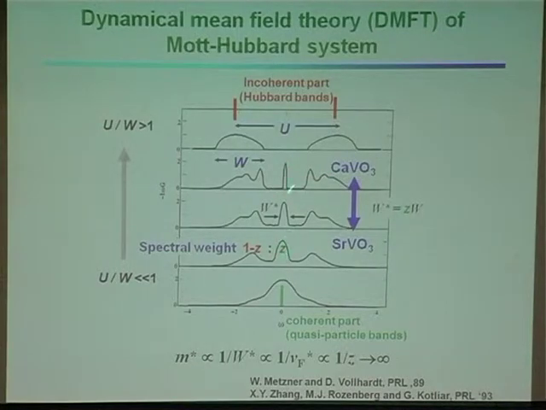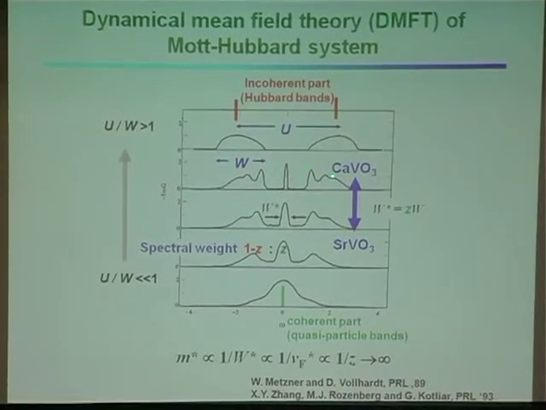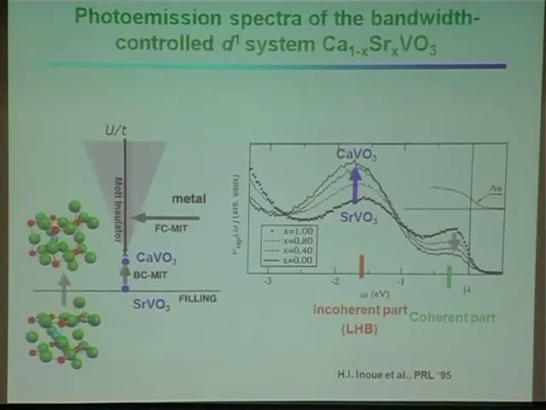So the effective mass correlation should get stronger, and the spectral weight of the quasi-particle peak should be smaller in calcium vanadate compared to strontium vanadate. And this is our very, very early work.